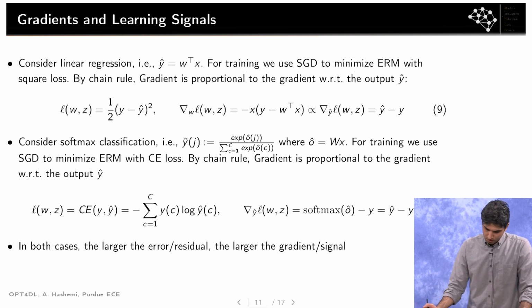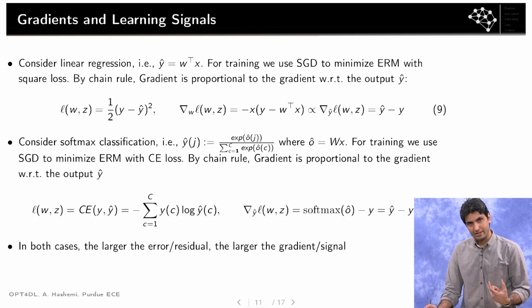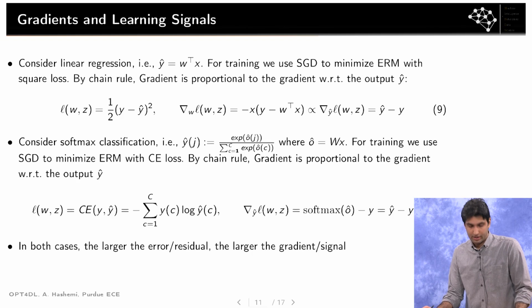So let's talk about the connection between the gradient and how good our predictions are, such that when we are making a mistake, we have a large gradient, and therefore we can have faster training.